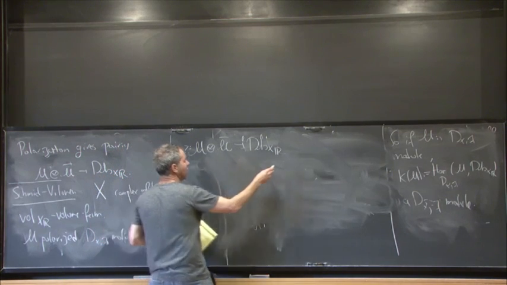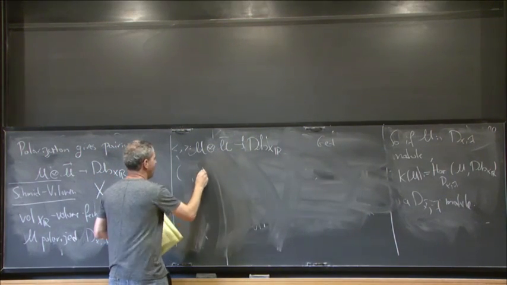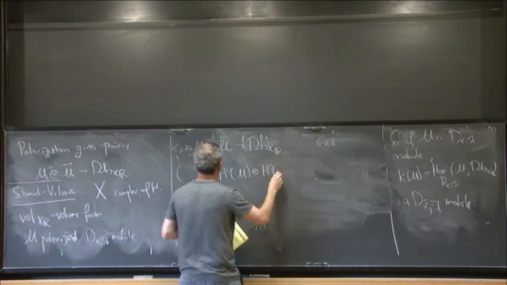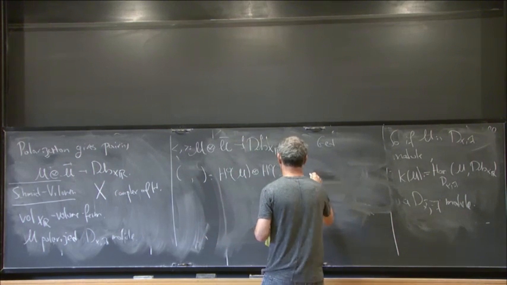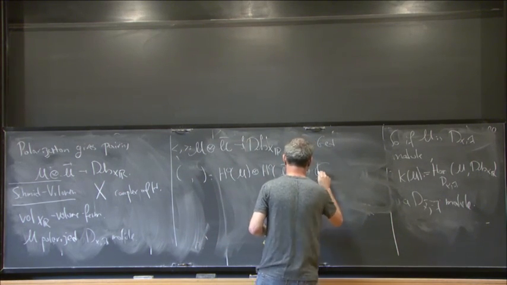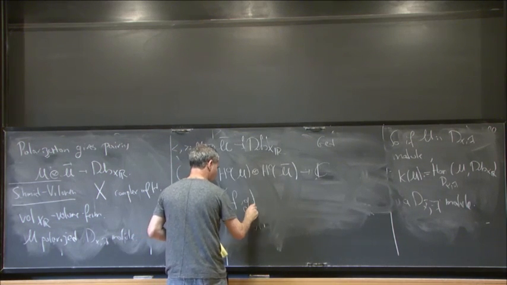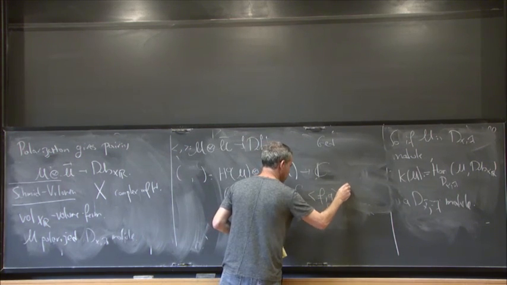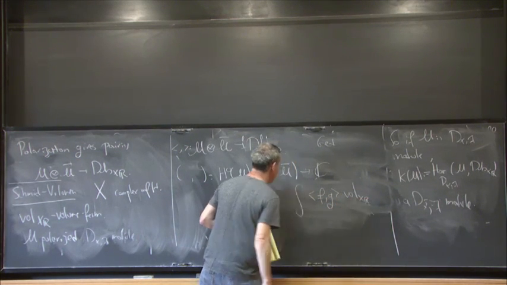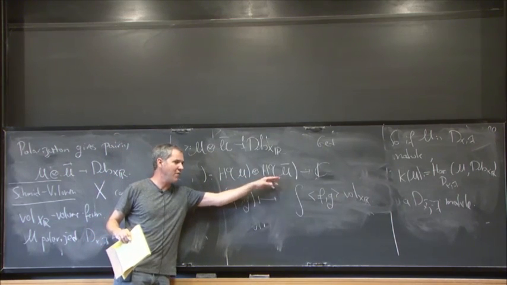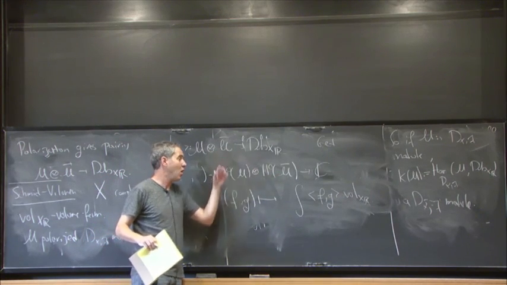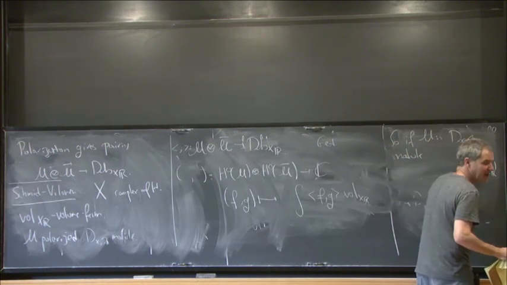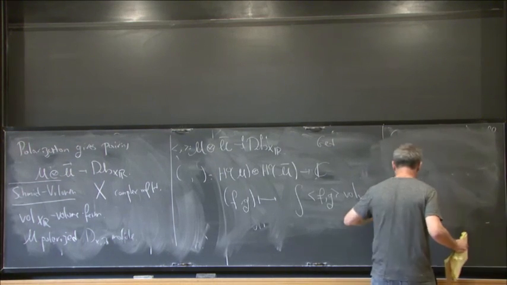So you get a pairing, and since you have M and M-bar, you can think of it as a Hermitian form on the global sections of M. It actually is a Hermitian form on the global sections of M.